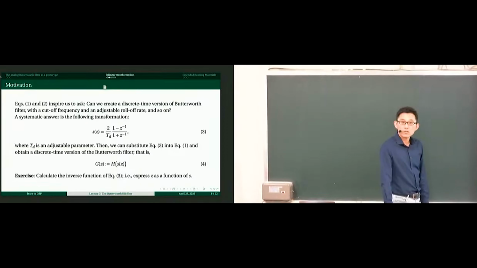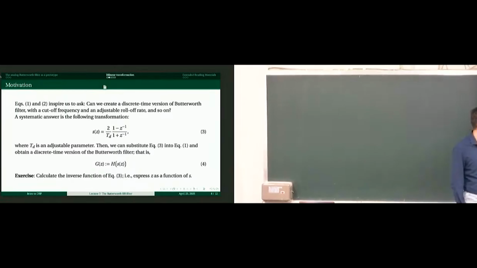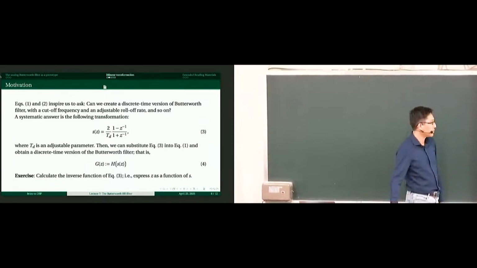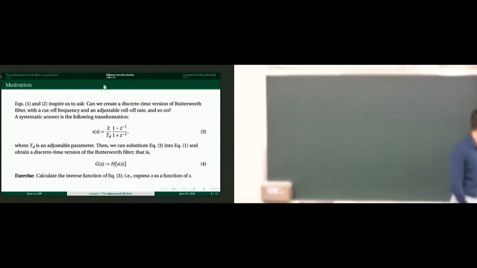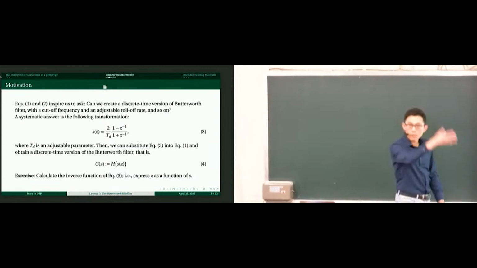It's that simple. Just start with an analog prototype, and then by substituting S as a function of Z, by doing this variable substitution, we have a function of Z. We claim that G of Z, you can just organize the top and bottom.